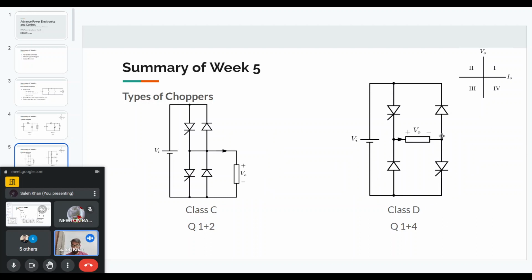If the two diodes are conducting, and you can imagine the two diodes conducting, as I'm showing with my cursor, that will be the circuit. And the output voltage will be minus the input voltage. So in that case, we will get a negative voltage at the output.